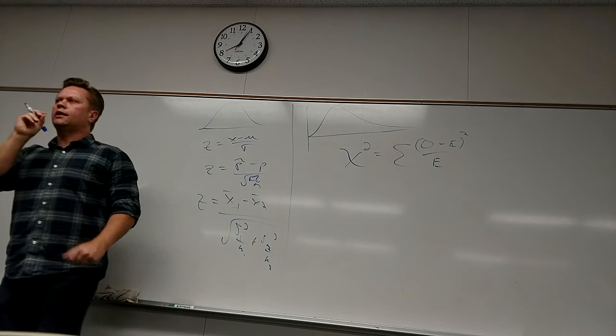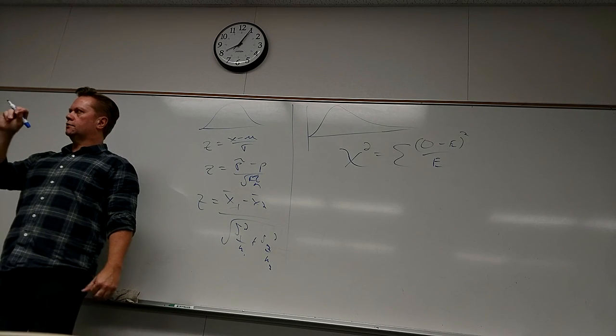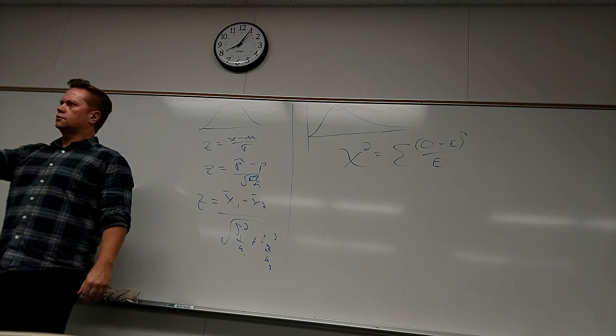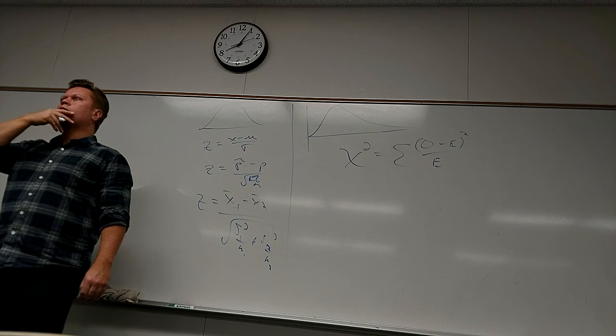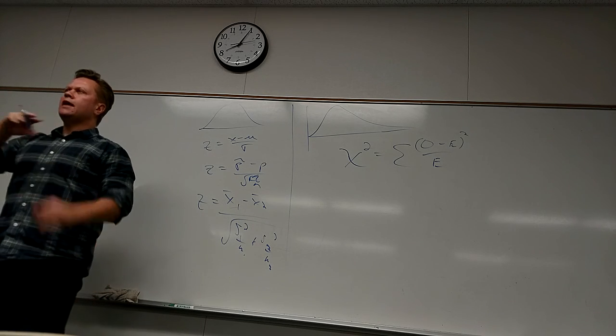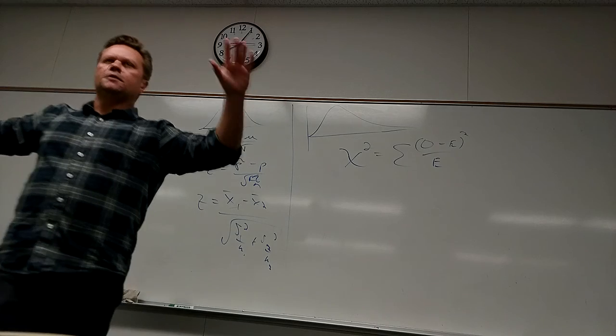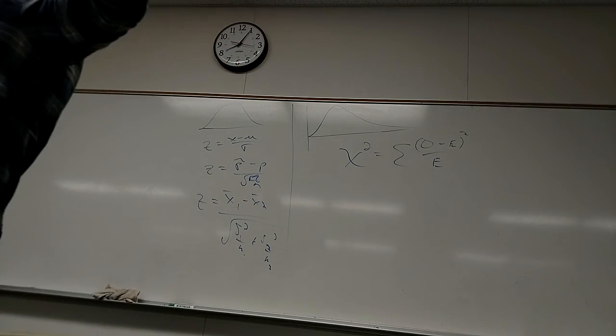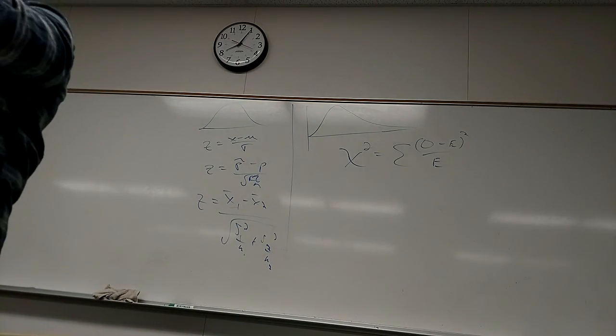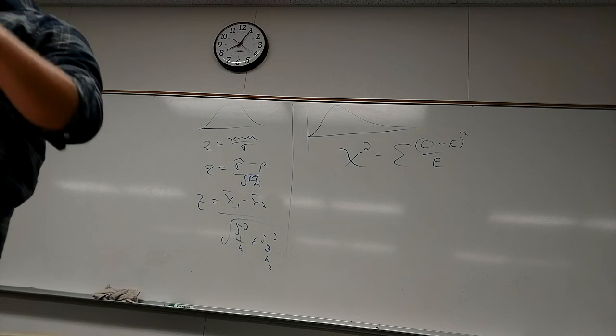Here's the other one, the one I started off talking about, standard deviations. If I had a population of ages, what's the smallest standard deviation I could get from a sample from those ages?